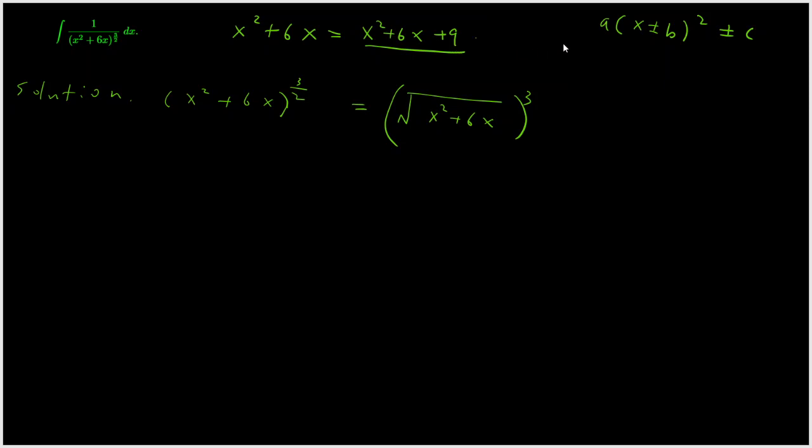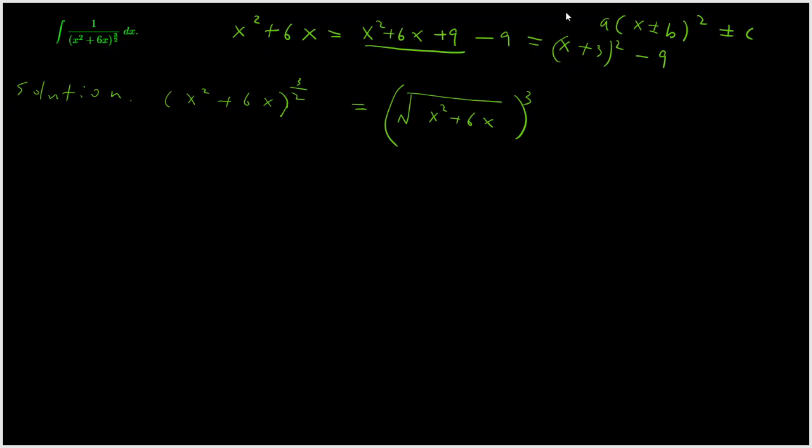You plus 9, you have to minus 9 in order for the equation to be valid. Now we're almost done. So this thing is equal to, the first three terms will become x plus 3, the whole thing squared. If you are confused, you multiply that out. Minus 9. Right.